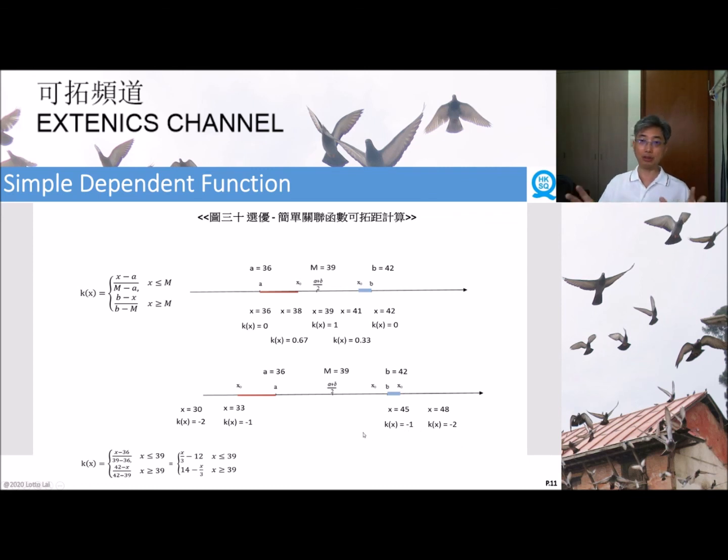So depending on the different ideas, we calculate different dependent functions, and by summing up with the rating, we can select the superior desired course hours.